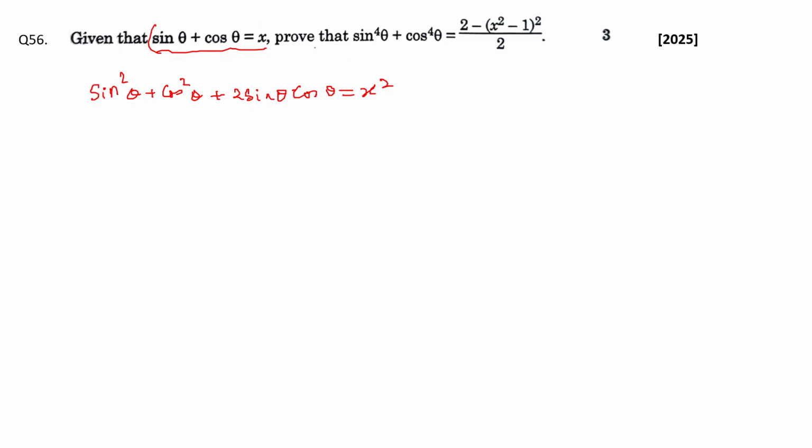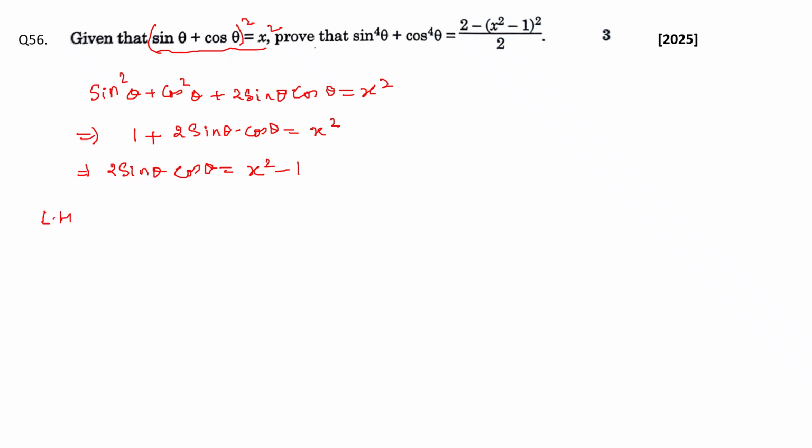Sine square plus cos square theta is 1. So 1 plus 2 sine theta into cos theta is equal to x square. So 2 times sine theta into cos theta is equal to x square minus 1.